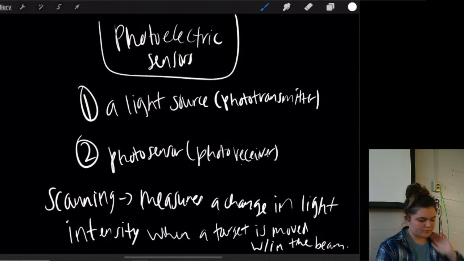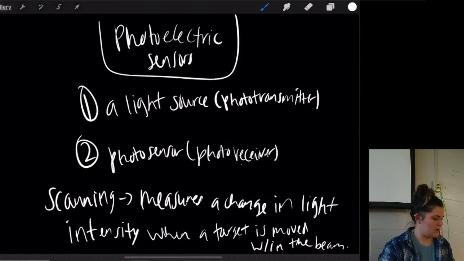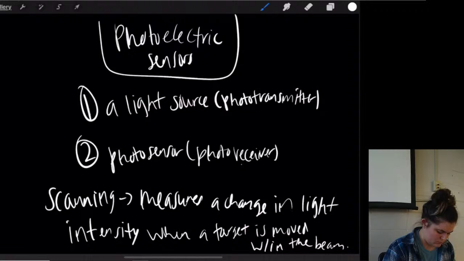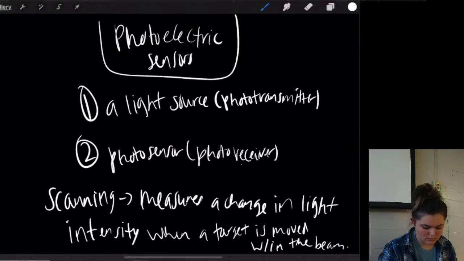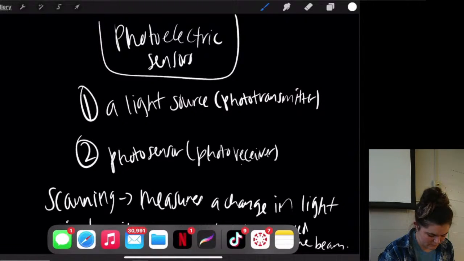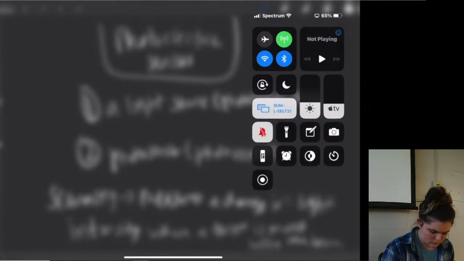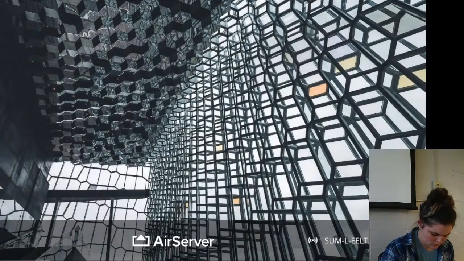All right. And now I'm going to try to find some videos on how LEDs and photosensors work, because I feel like that would be more interesting to watch. Would you have to agree? Yeah. Let me just see if I can actually get on there while connected to that thing.